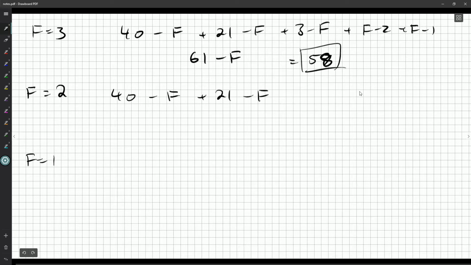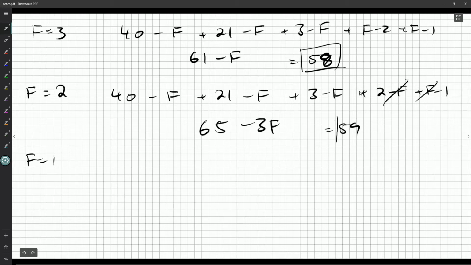If f was 2, and I don't really see why I'm leaving the f's in here, but that's okay. 1f and 1f, so we'll have minus 3f's. 5 minus 1 is 4, 25, so 65 minus 3f. But that's going to be 59 floors everyone travels. So that's worse. This one's still the best.